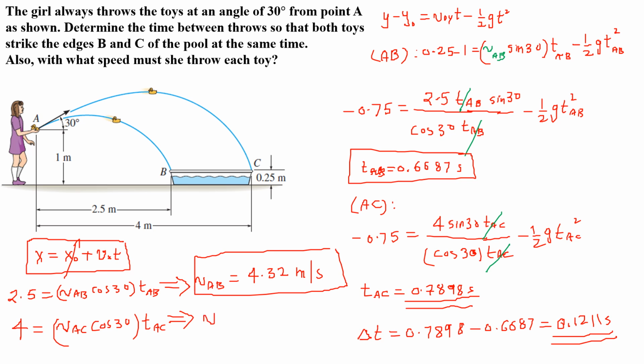For AC, I change the 2.5 to 4 and the time from AB to AC, 0.7898, and I got 5.85 meters per second.